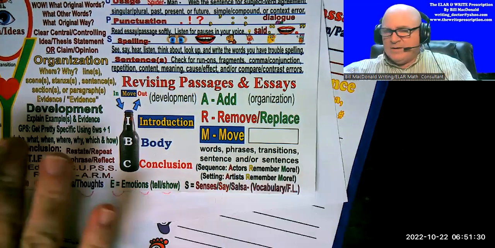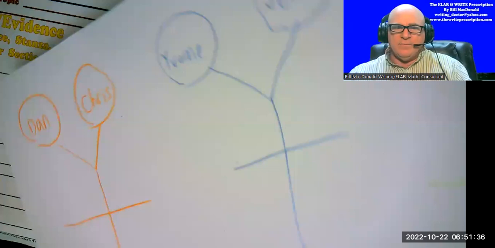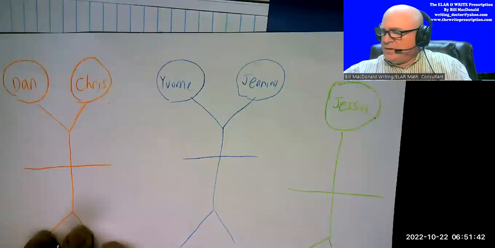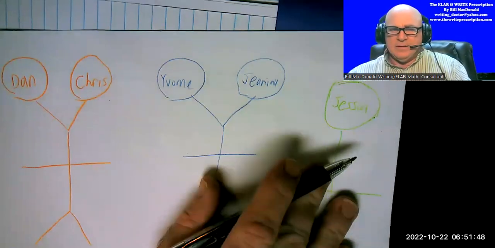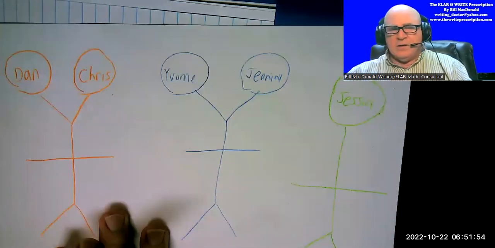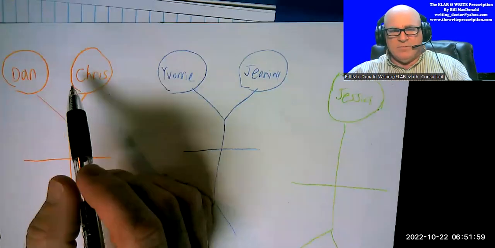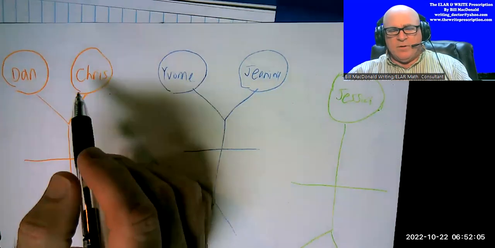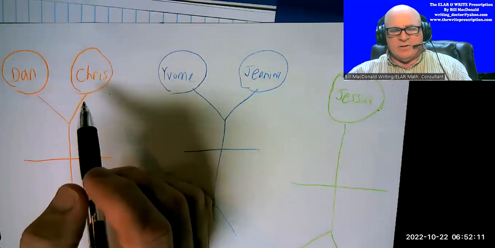So what I've done is I looked at paragraphs 8 through 11 and I decided to let you see the characters, because there are 5 characters. I made 5 heads, but because Dan and Chris are a compound subject, we'll be seeing when we look at the evidence in part B of this video, how are the personalities of Dan and Chris expressed?